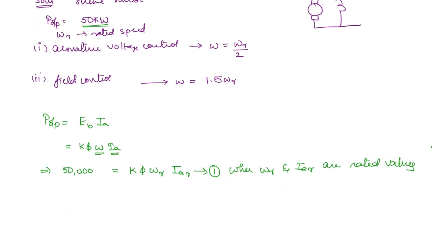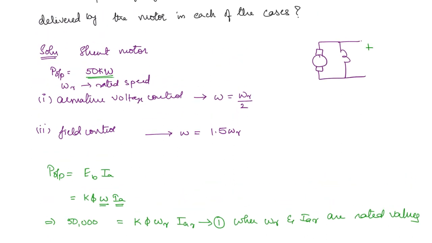Now in case 1, in the armature voltage control, the power is once again EB into IA. This is equal to K phi into omega into IA. Now here the speed control method is the armature voltage control. So that means the armature voltage is the voltage that is given to the armature circuit. Okay. So this is varying in armature voltage control.